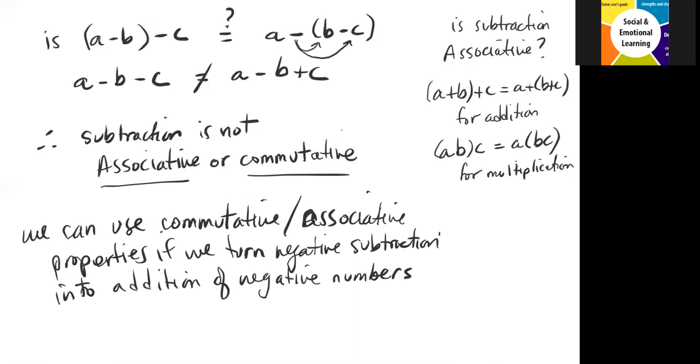So I'll tell you what that means. We want to be able to use the commutative and associative properties with negative numbers.